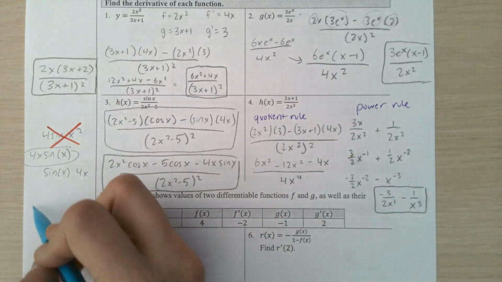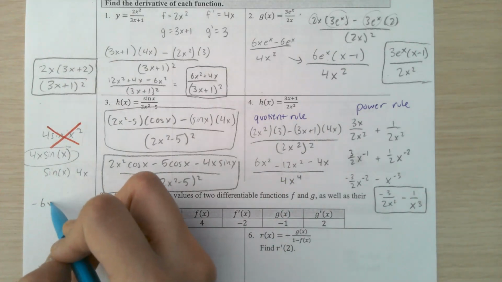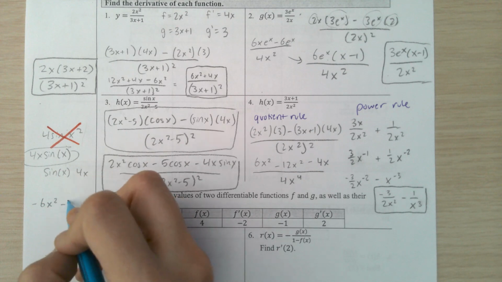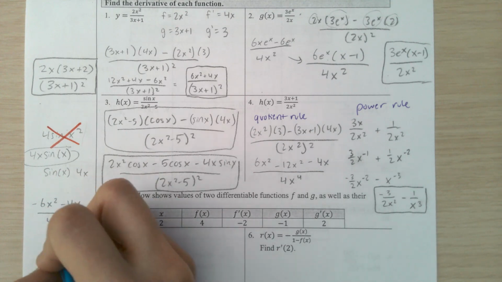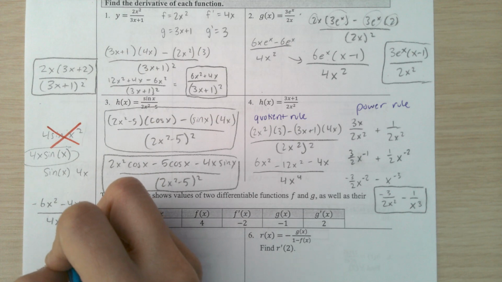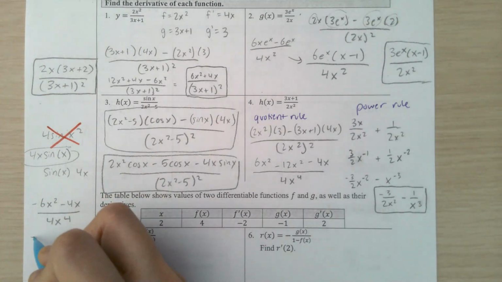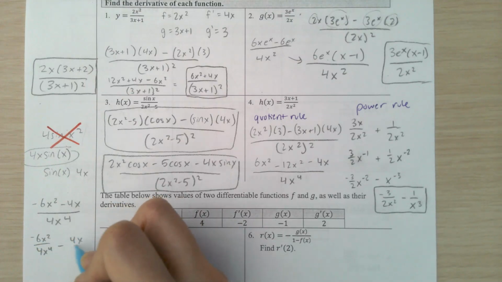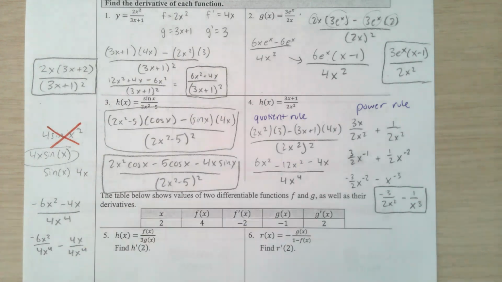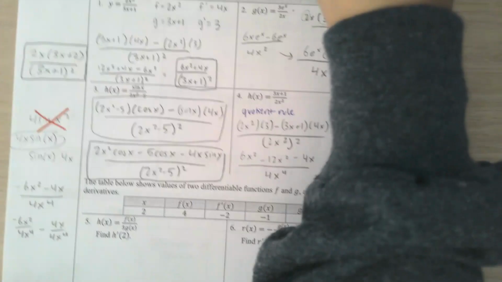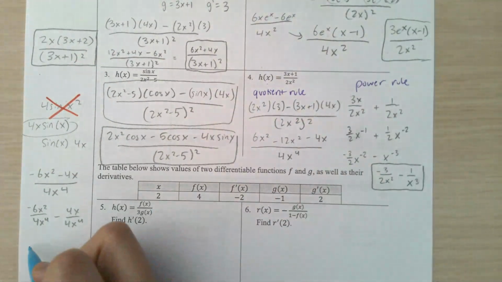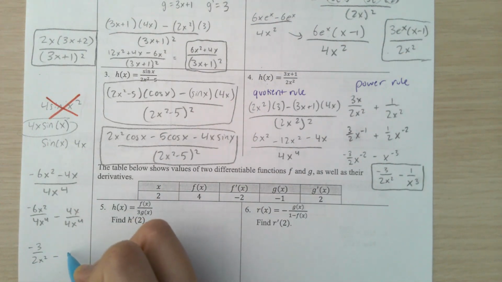We have negative 6x squared minus 4x all over 4x to the fourth. And then we can break it up. Negative 6x squared over 4x to the fourth minus 4x over 4x to the fourth. And then these simplify back down to what we had before. Negative 3 over 2x squared minus 1 over x to the third.